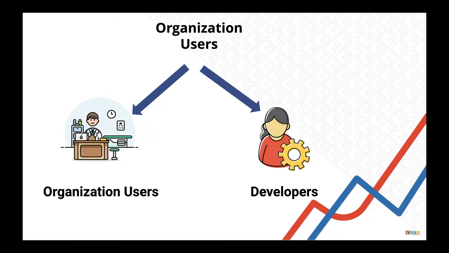And there is one more set of users who are called customer portal users. The difference between the organizational user and customer portal user is that the organizational users are the employees of that particular organization, and the customer portal users are also associated with the organization, but they are not the direct employees.